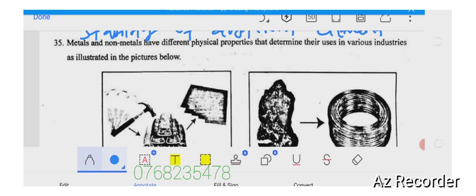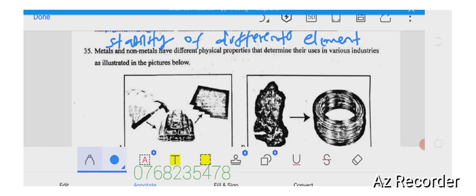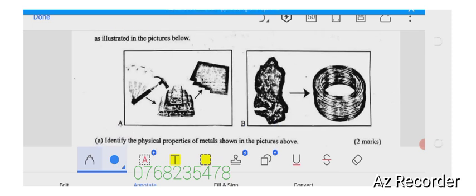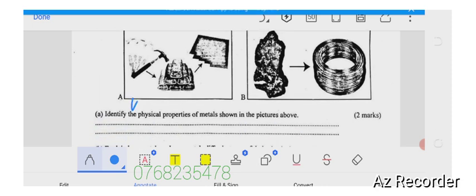So question 35, we have a diagram there. It says metals and non-metals have different physical properties that determine their uses in various industries, as illustrated. Here in picture A, a metal is being hammered to produce a sheet, a property we call malleability.